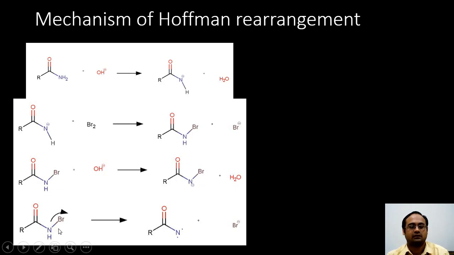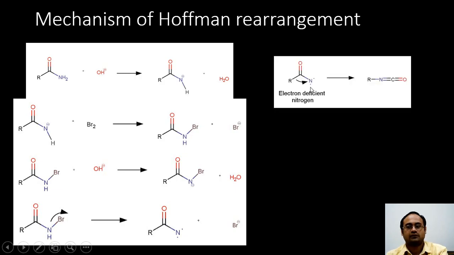This intermediate then loses a bromine atom to give you a very electron deficient nitrogen atom. The existence of this intermediate is doubtful because, as this nitrogen is highly electron deficient, the R group migrates to the nitrogen to give the isocyanate intermediate.